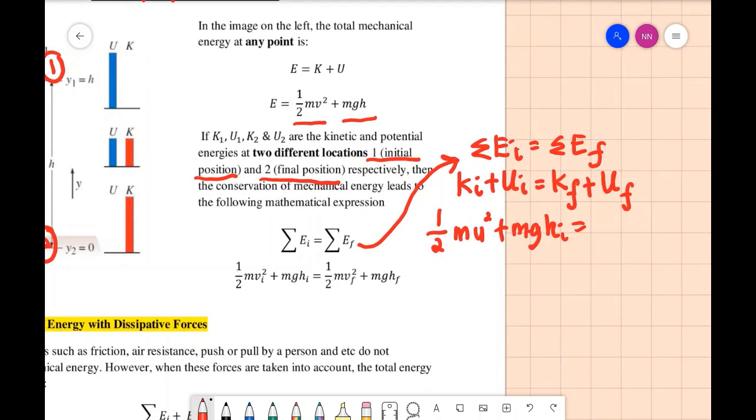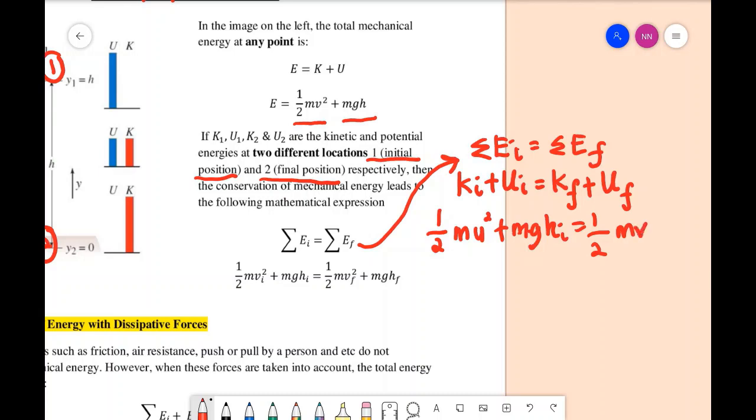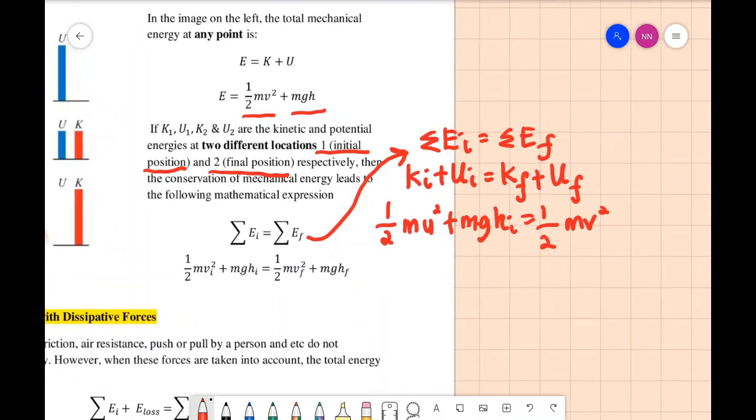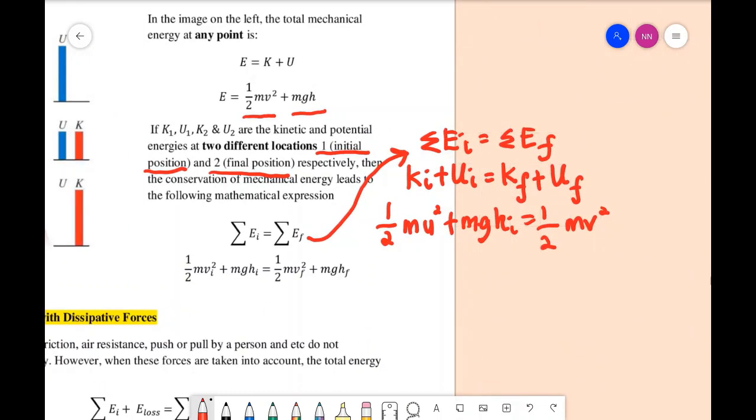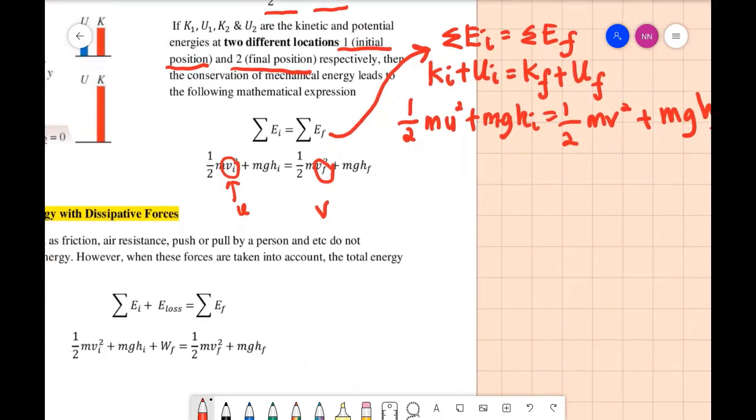The final kinetic energy is half mv squared, where v is the final velocity, and the final potential energy Uf is mass times gravity times height at the final position. So vi here we can replace with u, and vf here we can replace with v.